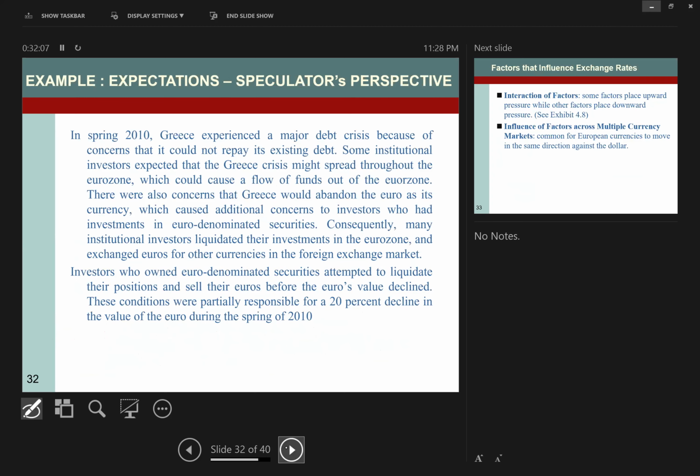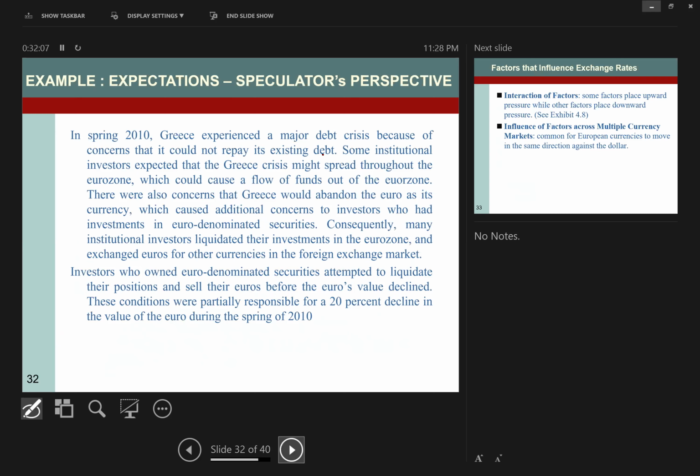So let's read the speaker's perspective. So in spring 2010, Greece experienced a major debt crisis because it was concerned that it could not repay its existing debt.